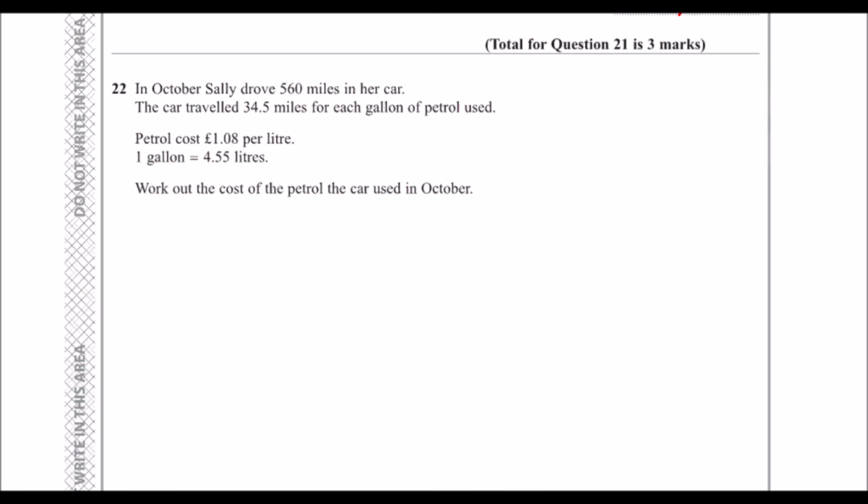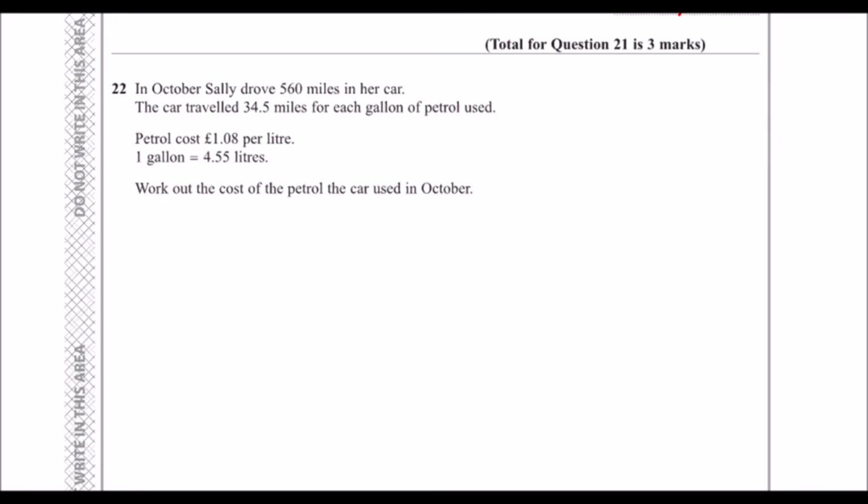Question 22. In October, Sally drove 560 miles in her car. The car travelled 34.5 miles for each gallon of petrol used. Petrol costs £1.08 per litre, and 1 gallon is 4.55 litres.